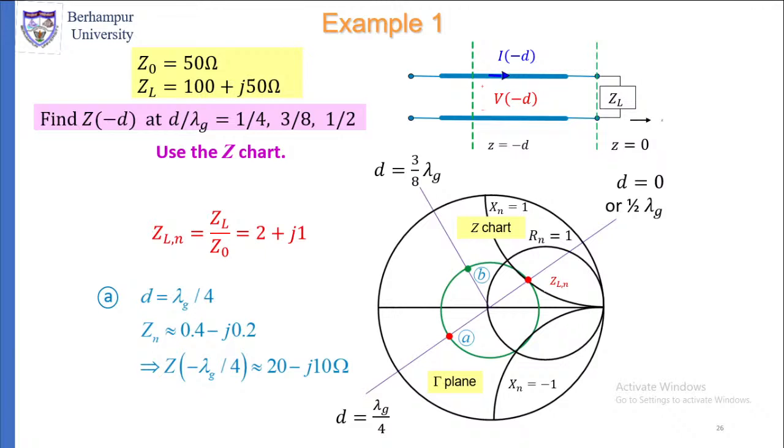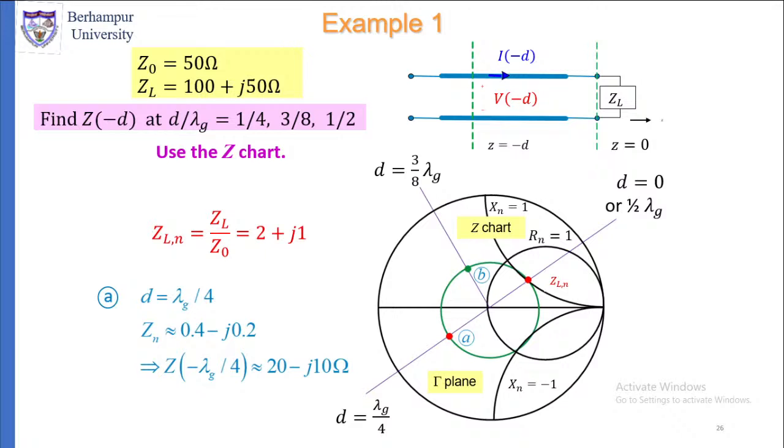Then we have j1, which is positive, so look at the upper part of the Smith chart. Then look for Xn equal to 1. Xn equal to 1 will be the middle arc. Out of all the arcs, the mid arc is Xn equal to 1.